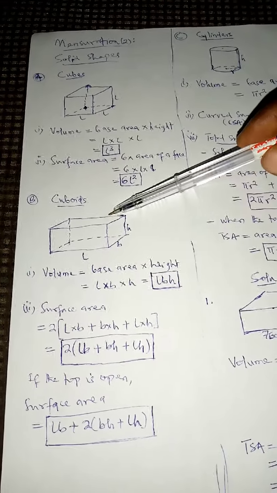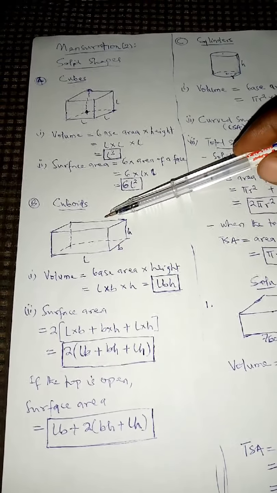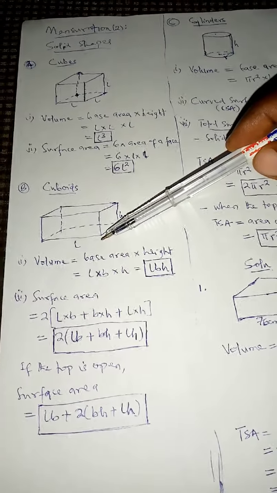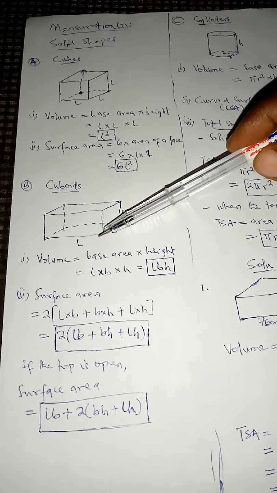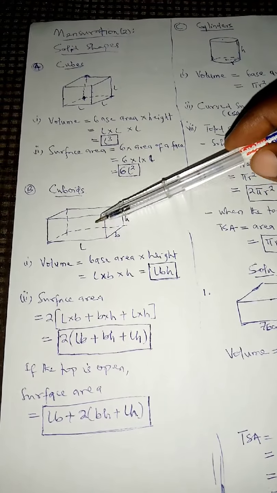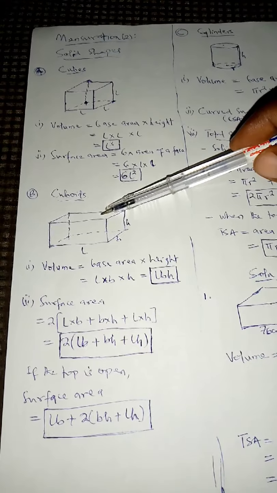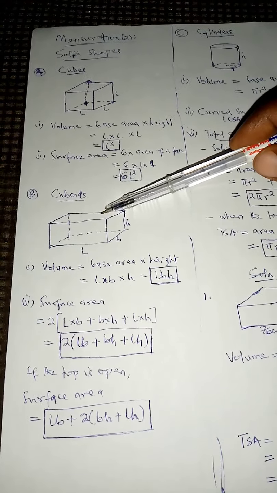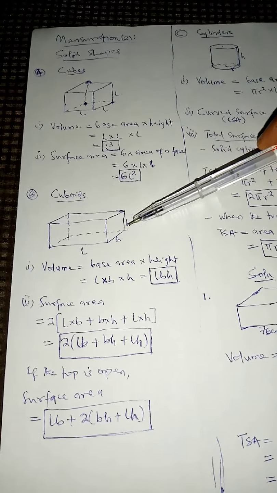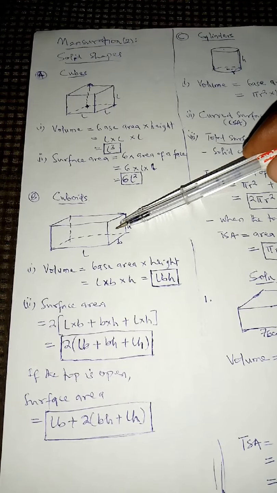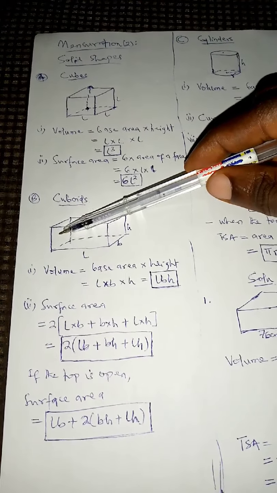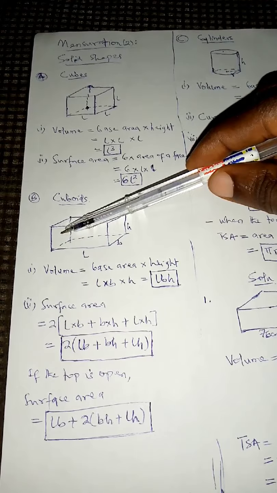For the surface area, you consider the 6 rectangular faces. The bottom and the top are of the same area, length times breadth. So get 1 and multiply by 2. This side with BH and the other end here is also BH in area.